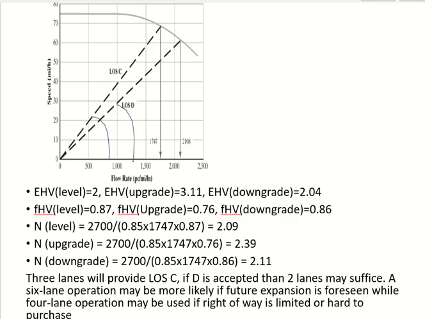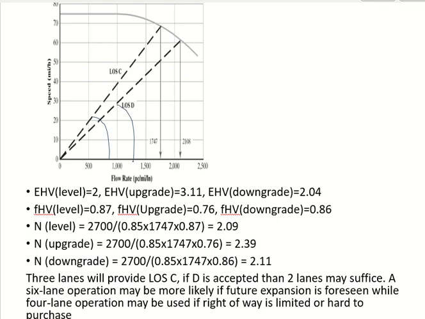So you plot the graph, you go to the level of service C and D, you find the tangent inverse, and you plot the lines according to the angle. Where the lines intersect, this becomes your maximum service flow rate. For C, the line intersects the curve at 1747.